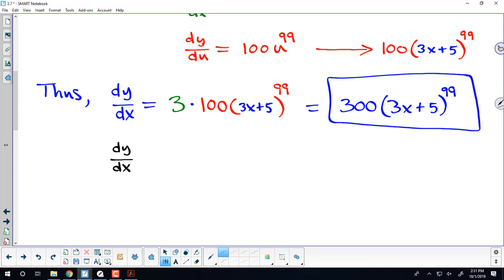Probably general. So the derivative of the original function with respect to x as it was given is the same thing as taking the derivative of u with respect to x, and then multiplying that by the derivative of y with respect to u. So that's this one here, that's this one here.